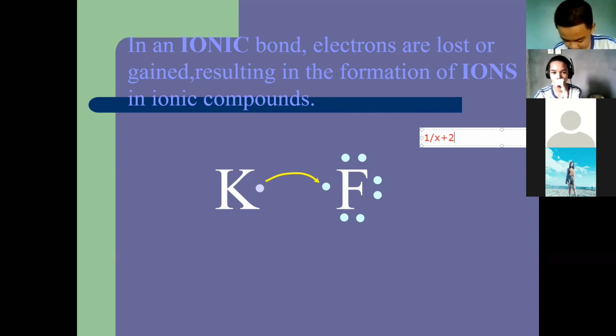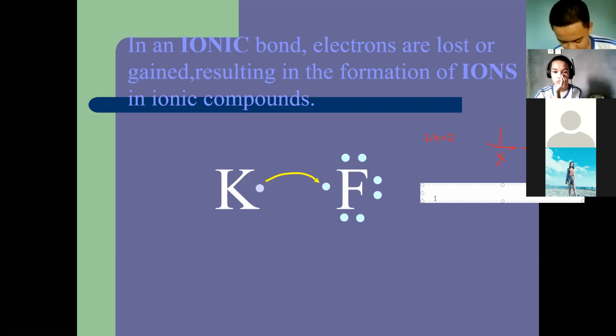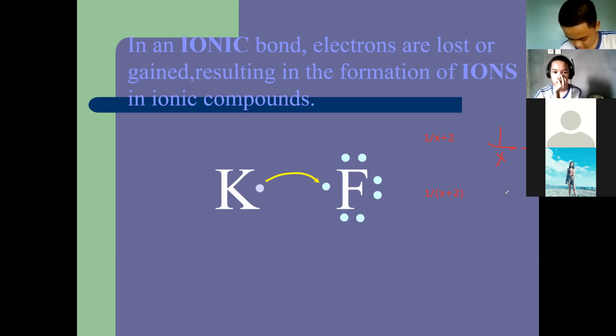Because the denominator is just x, excluding 2 in this expression. If I were to rewrite this expression, this is just equal to 1 over x, plus 2. You get my point? So if you are going to write a polynomial fraction, it should be 1 over (x plus 2). That is supposed to be how you write that in Edmodo, so that I will treat the answer as 1 over (x plus 2).